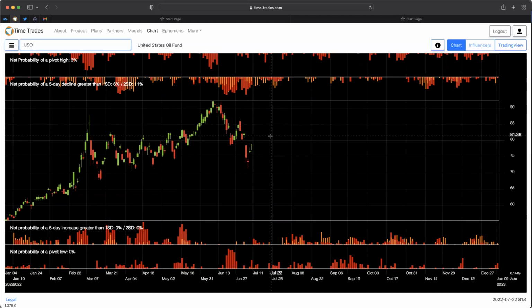So it looks like some opportunity for some good two-way trading here in the oil complex. The pop here, July 11th, July 12th, could be a good opportunity to look for some shorts heading into the end of the month, but then some bullish tailwinds appear to return in August.